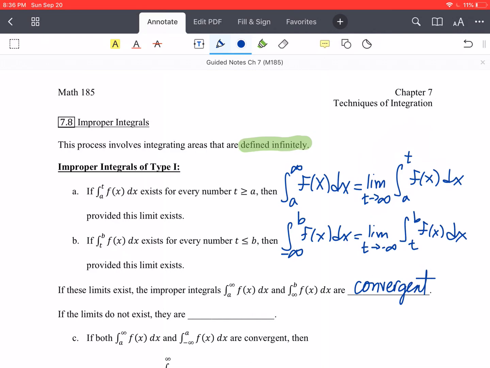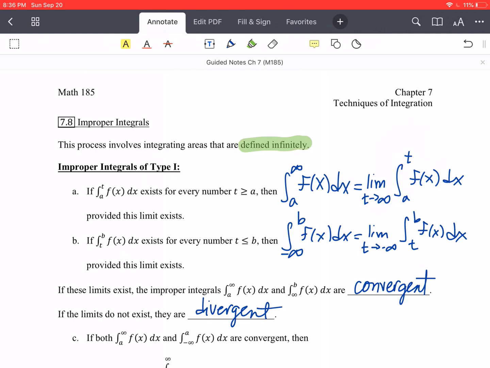And if the limits do not exist, they are divergent. This concept of convergent versus divergent is one we're going to be exploring throughout the rest of the course, particularly when we get to our last chapter, chapter 11.